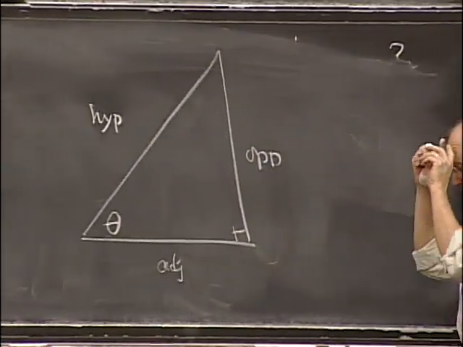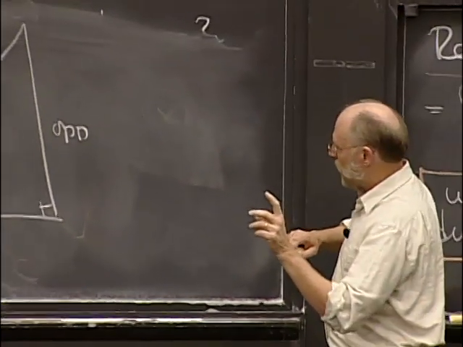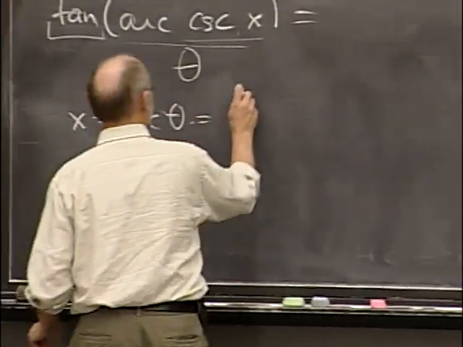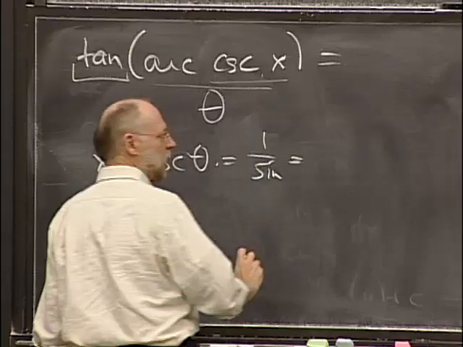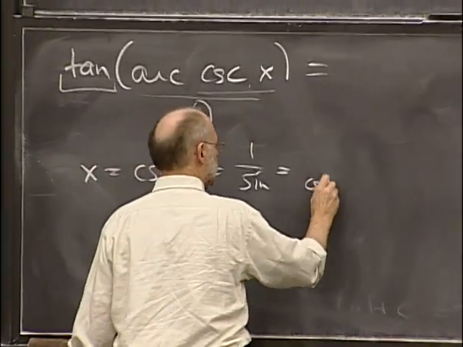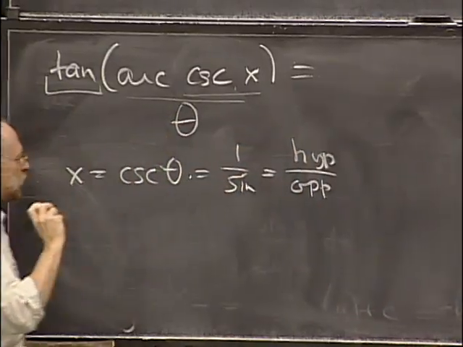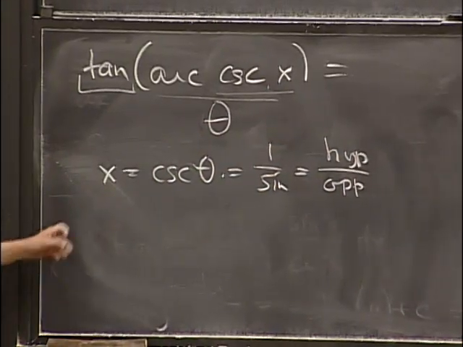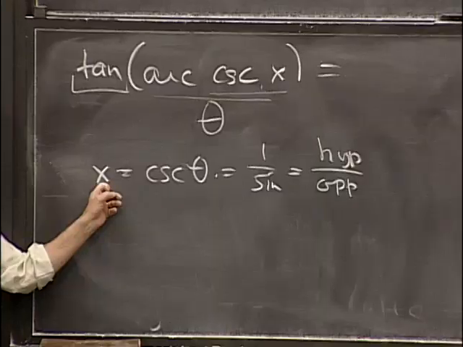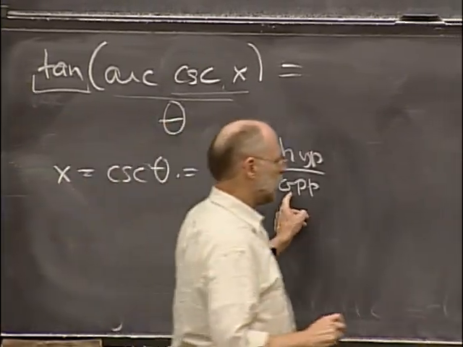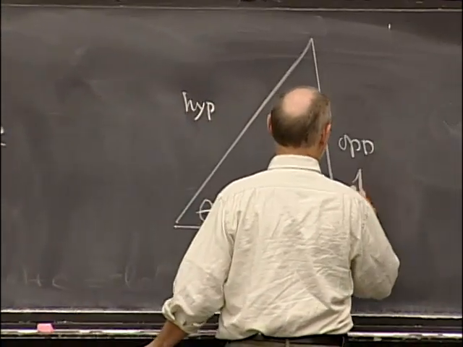Cosecant is 1 over the sine, and the sine is the opposite over the hypotenuse. So I get hypotenuse over opposite, and that's supposed to be what x is, okay? So I could make the opposite anything I want, but the simplest thing is to make it 1.